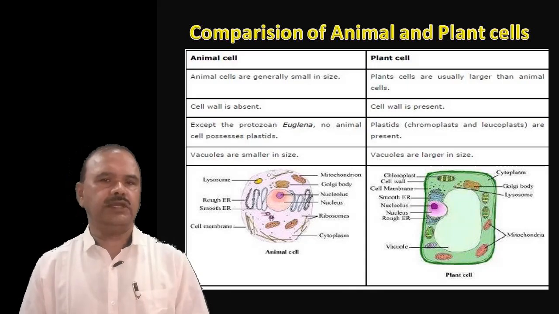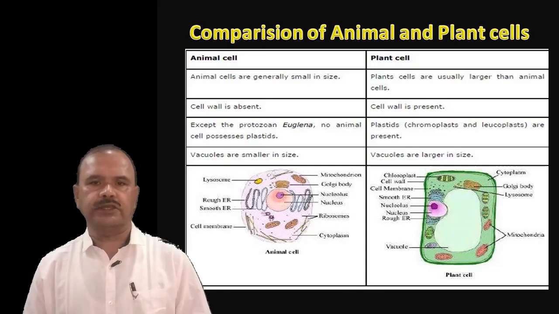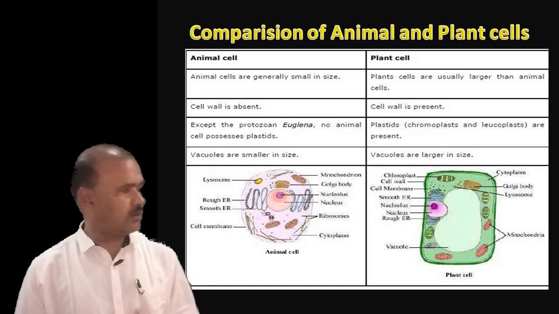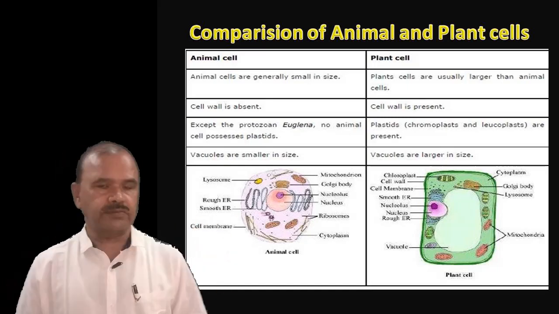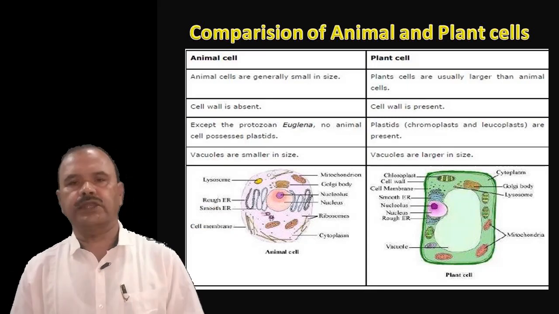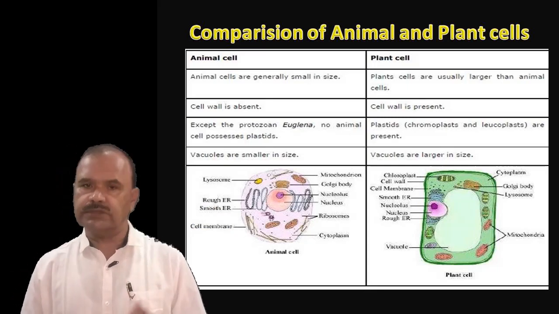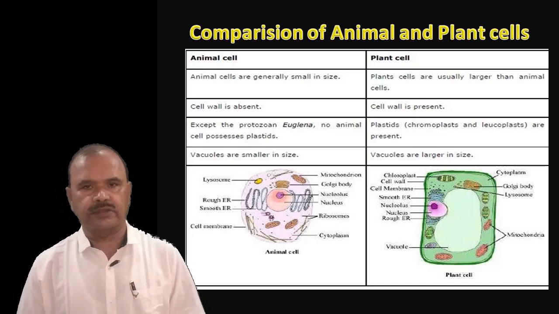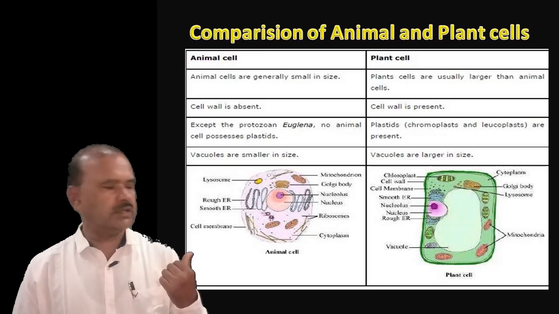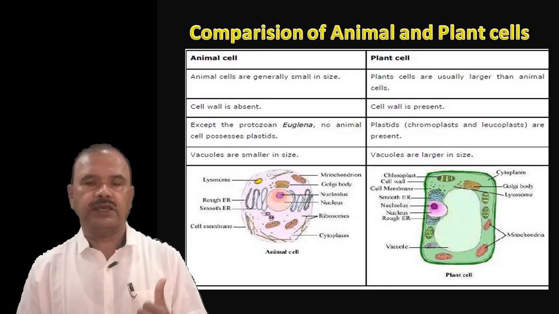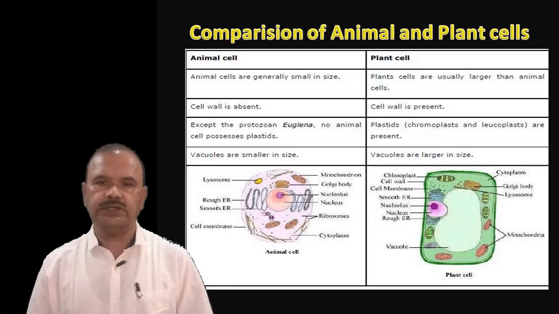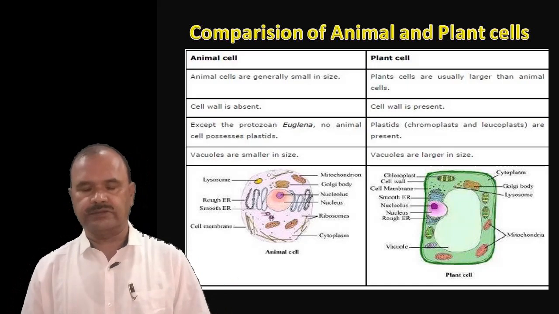We have seen that in plant cells there is a single vacuole which is large in size, and it occupies almost the central position of the cell, while in animal cells we find that they are many in number and smaller in size. So regarding the vacuole, in plant cells the vacuole is single and large in size, while in animal cells vacuoles are more than one and smaller in size.